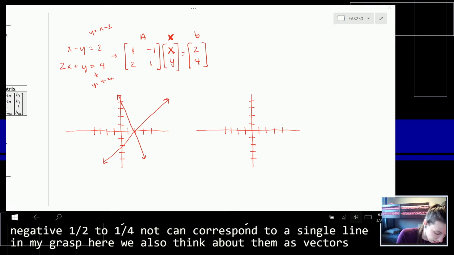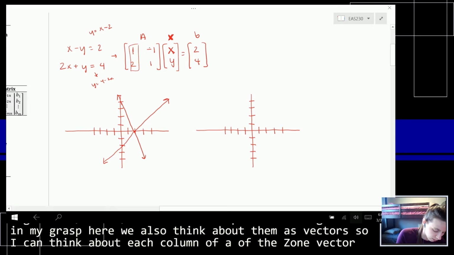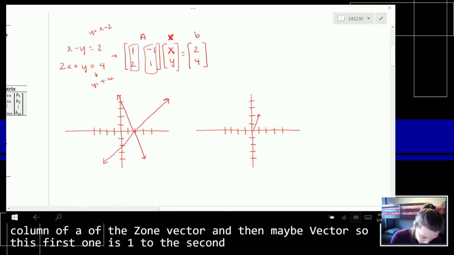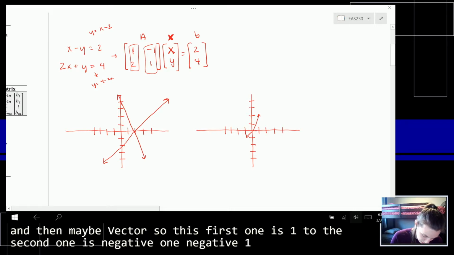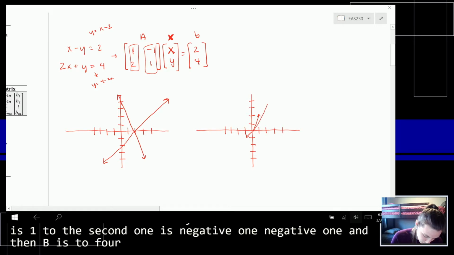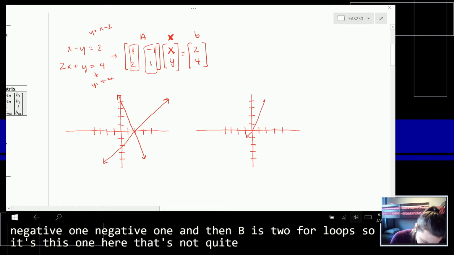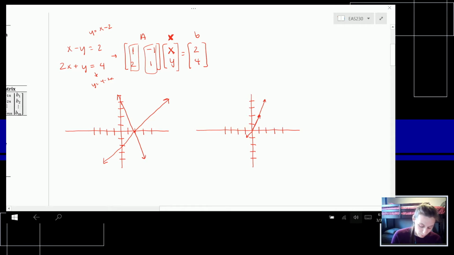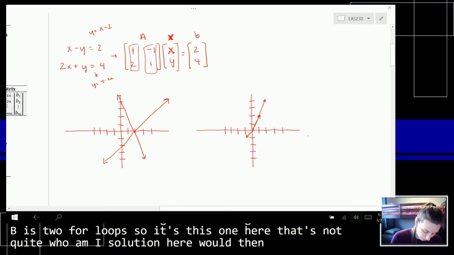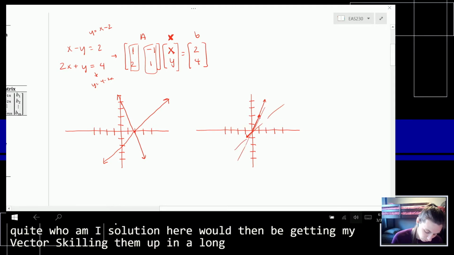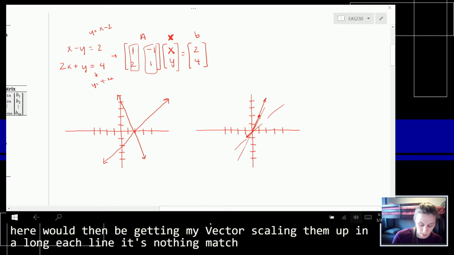So I can think about each column of A as its own vector, and then my b vector. So this first one is (1, 2), the second one is (-1, 1), and then b is (2, 4). So then my solution here would be getting my vectors and scaling them along each line so that they match this endpoint.